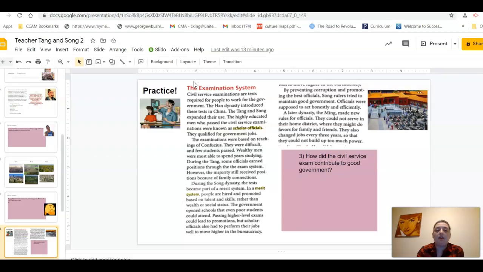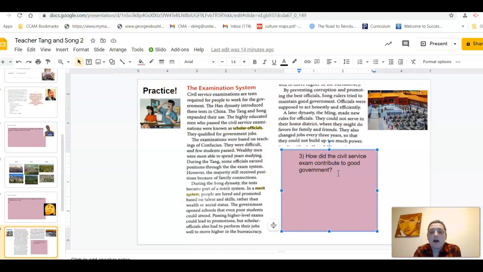So our question is, how did the civil service exam contribute to good government? I read this whole chunk, but I remember specifically one sentence that did mention good government. So I'm going to scan through really quick and try to find that little blurb, looking for the keywords good government. Okay, right here. Cool.